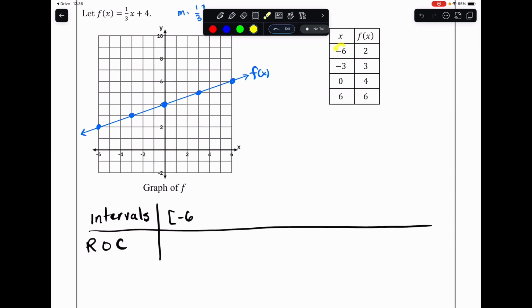So I'm going to go from -6 to -3. That will be one interval. Now from -3 to 0. And finally from 0 to 6.